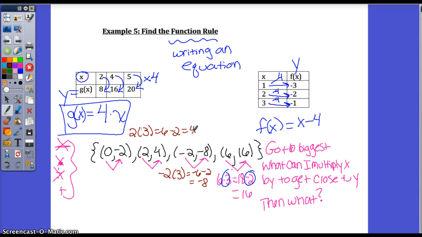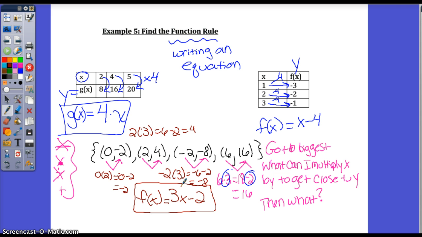Oh, I just need one more. 0 times 3 equals 0. Subtract 2 equals negative 2. I found it. So this time, it's f of x. I had two things. I multiplied by 3. I did 3 times my x. Then I had to subtract 2. Again, if you ever find one that's not simple, ask yourself these two questions, and you will find it.